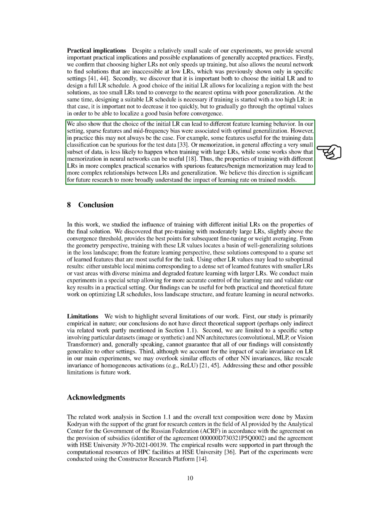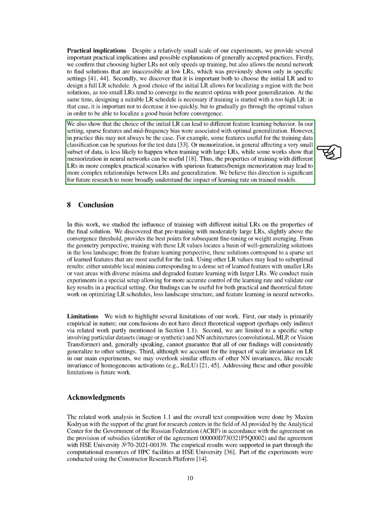We also observe that the initial LR choice can influence how features are learned. In our experiments, we found that sparse features and mid-frequency bias were linked to better generalization. However, this may not always hold true in practice. For instance, some features that help classify training data might not be useful for test data.